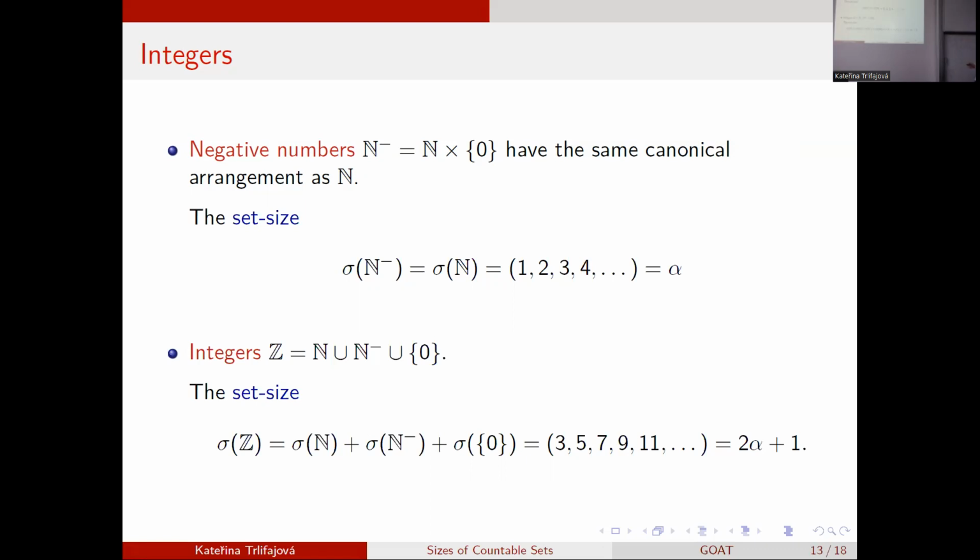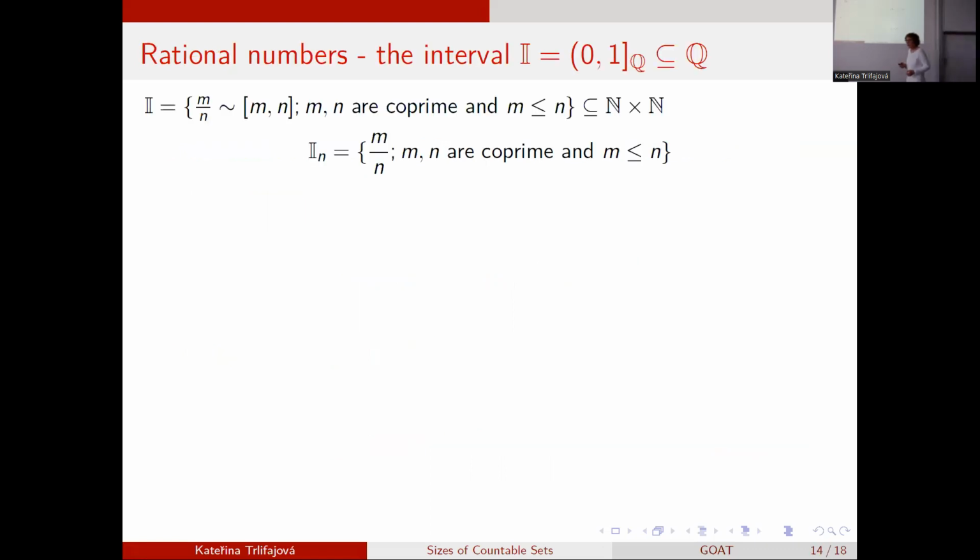So here are the integers, and now look at the rational numbers. It's a little problem. Our aim is to express rational numbers as a sum of sets, as a subset of a canonically arranged set.